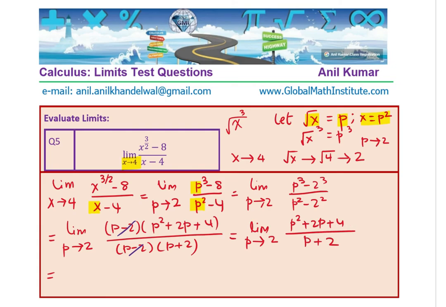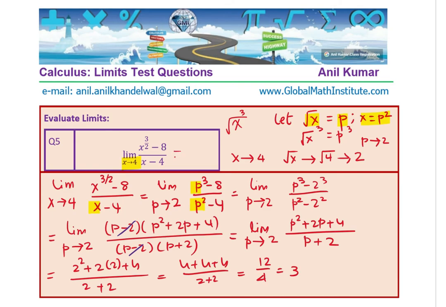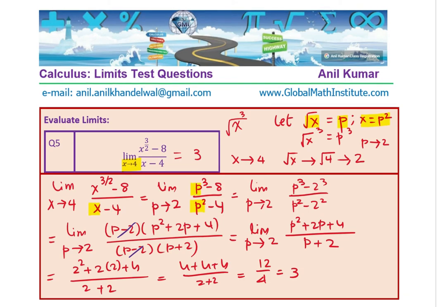Now if I substitute 2 here, I get 2 squared plus 2 times 2 plus 4 over 2 plus 2, correct? And that gives you 4 plus 4 plus 4 over 2 plus 2, which is 4. So we get 12 over 4, which is 3. And we get the same answer which you got last time.